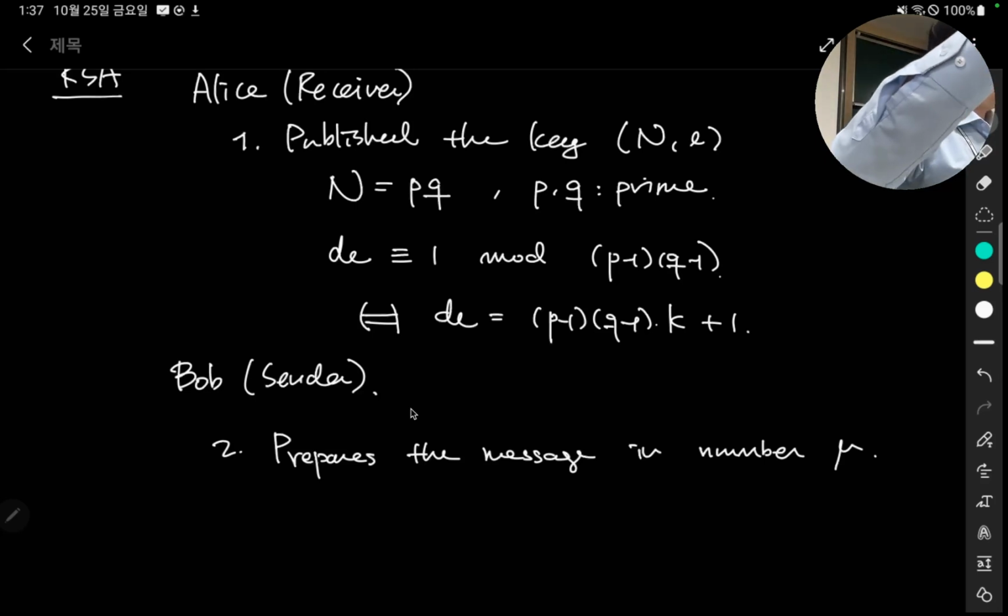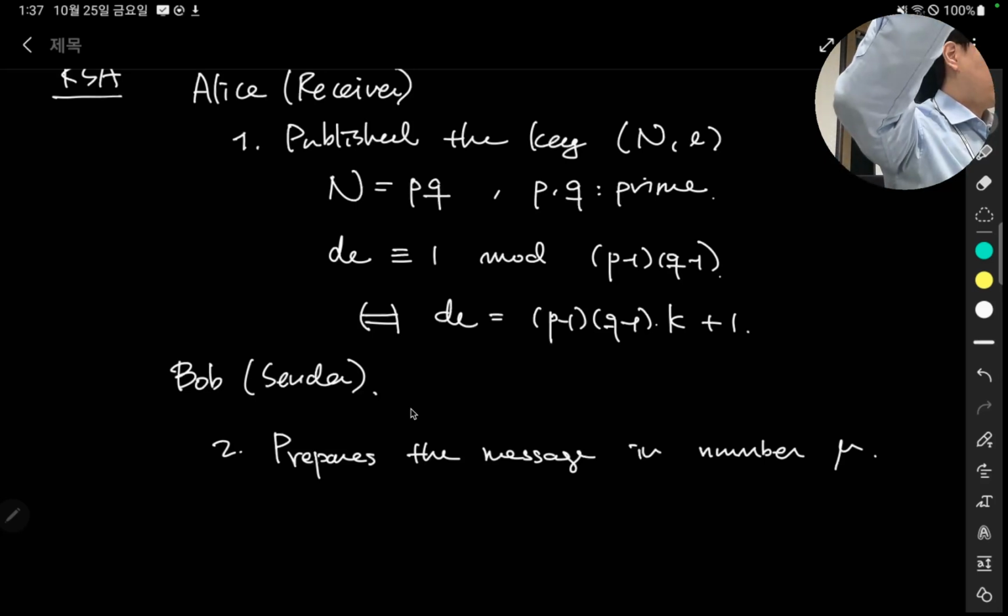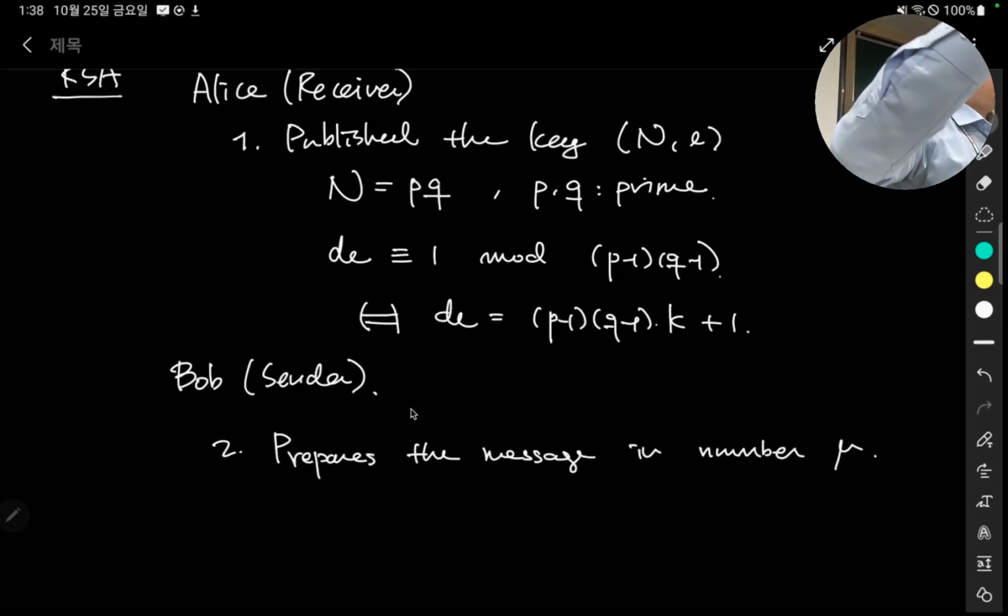Okay, so for example, if you make a chunk of your message into 4 16-bit digit numbers, then it means a 64-bit string, and it could be how many, like 0 to 2 to the 16 in principle. So you get a number, right? And then if your message is long, then you can have lots of numbers in sequential order, so you can send it one by one to the receiver Alice.